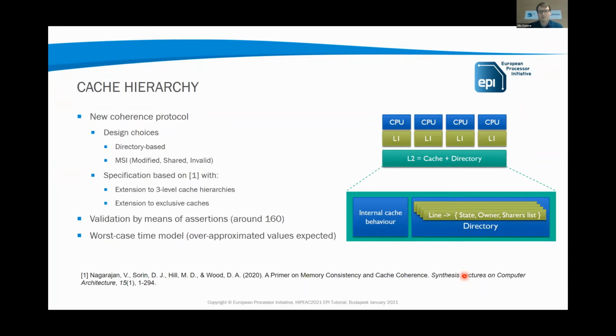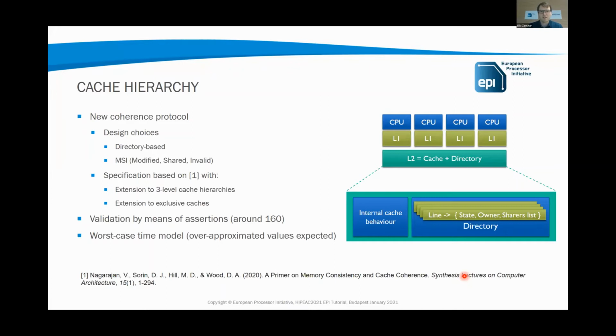The coherence was, I would say, free thanks to DMI for the memory access itself. And so we've added simulation of a state-of-the-art coherence protocol to enable evaluation of the cost of this coherence on the EPI platform.